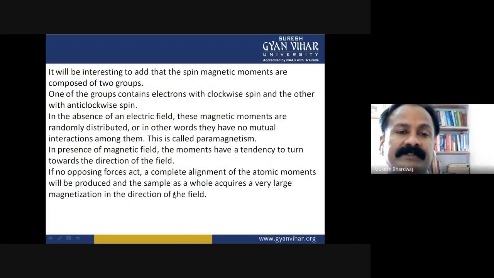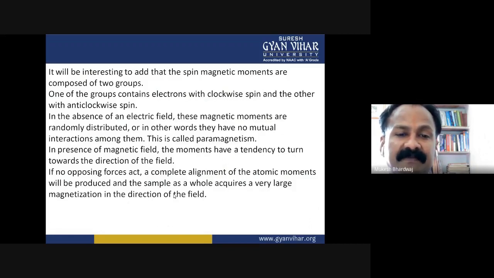It will be interesting to add that the spin magnetic moments are composed of two groups. One group contains electrons with clockwise spin and the other with anticlockwise spin. In the absence of a field, these magnetic moments are randomly distributed, or in other words, they have no mutual interaction among them. This is called paramagnetism.